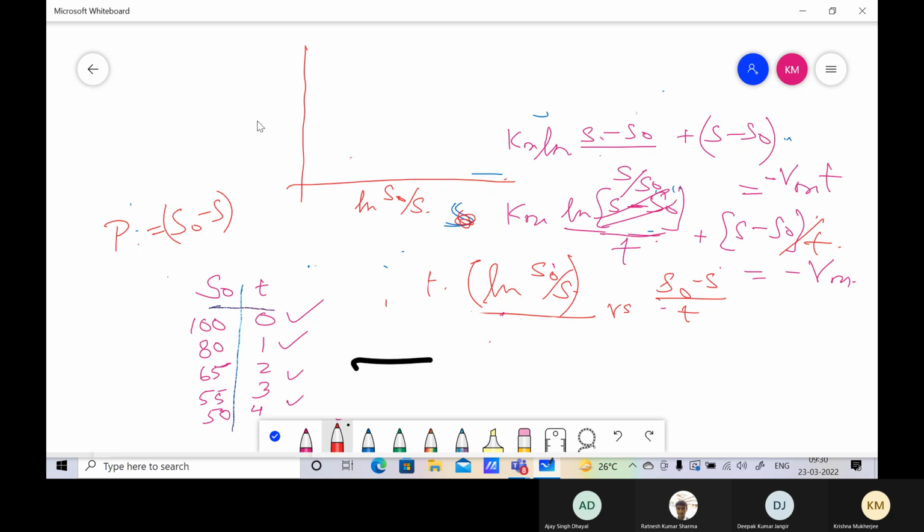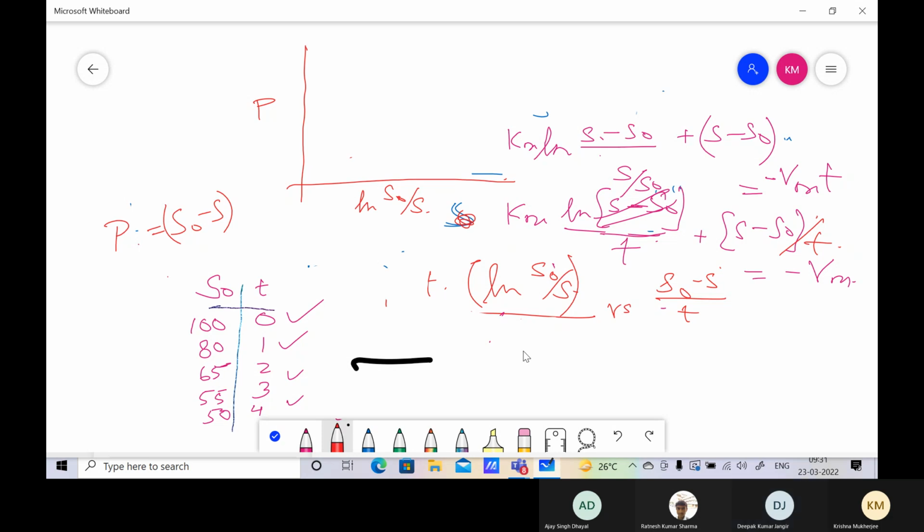And what is y axis? P. Are you sure about this? Are you sure that this is the right option? I think so. Anybody else? So both divide by t, not S upon t and P by t.